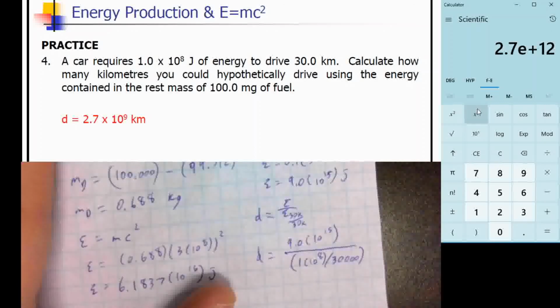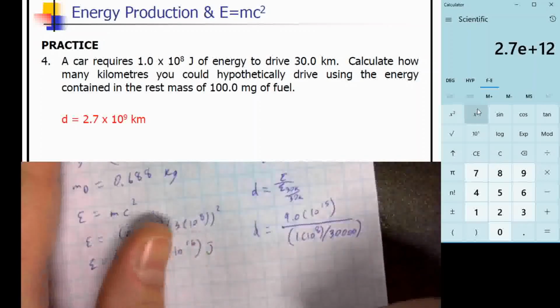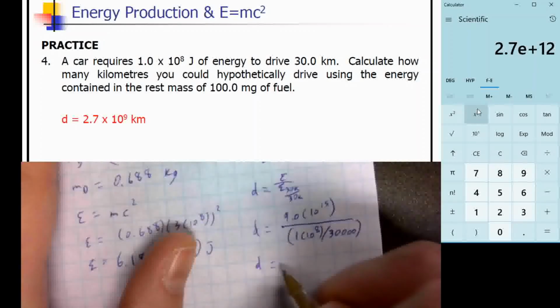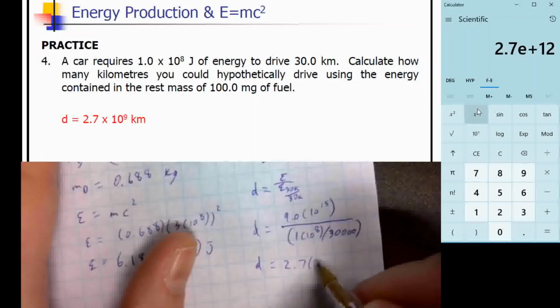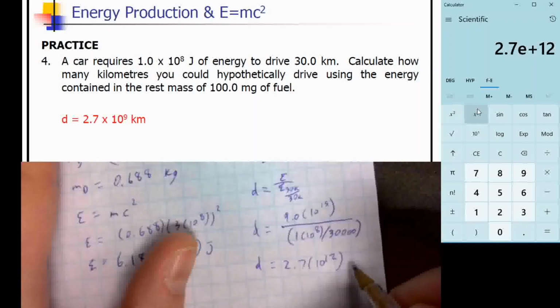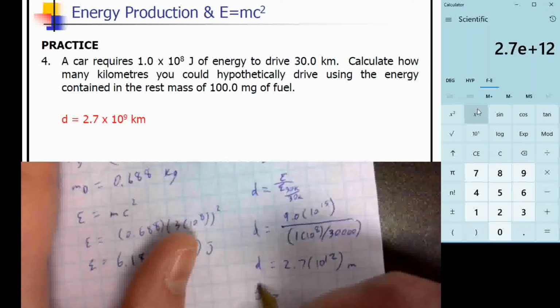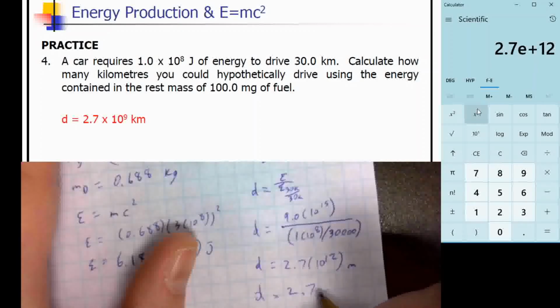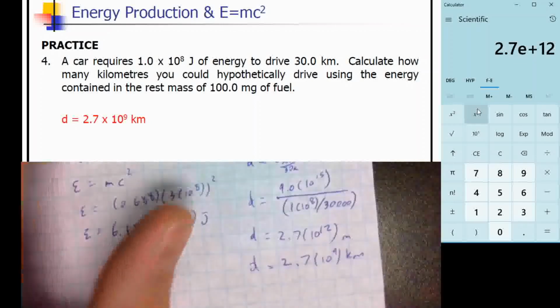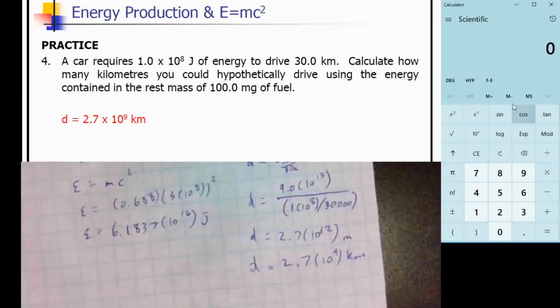I end up with, my answer is in meters, so I end up with D equals 2.7 times 10 to the 12 meters, or 2.7 times 10 to the 9 kilometers. So I got quite a bit of range from that 100 milligrams of fuel.